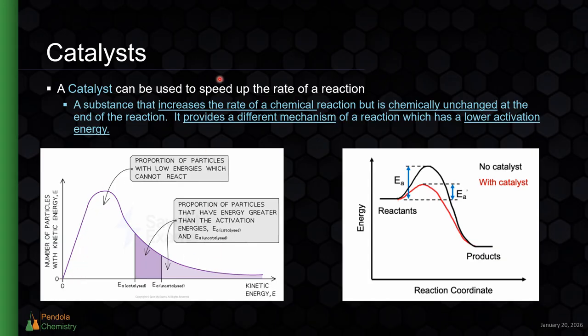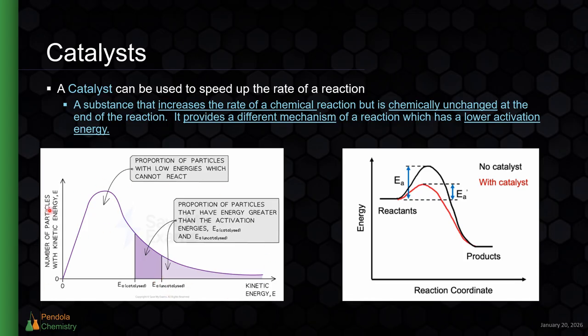What the catalyst does is that because it provides a different mechanism with a lower activation energy, that vertical line that represents the activation energy on the x-axis of the Boltzmann distribution gets moved towards the left. Because a catalyzed reaction, one with a catalyst in it, is going to have a lower activation energy than the same uncatalyzed reaction without the catalyst.